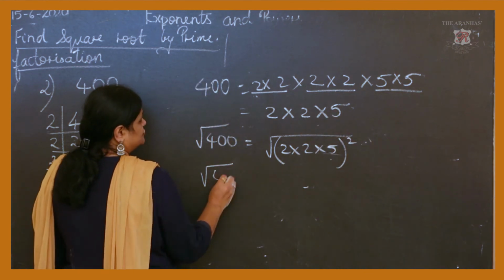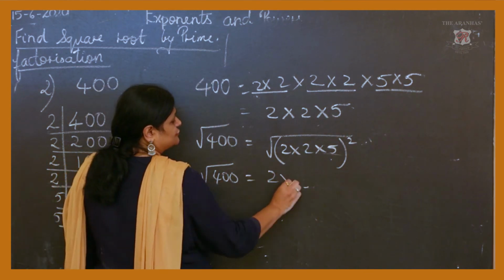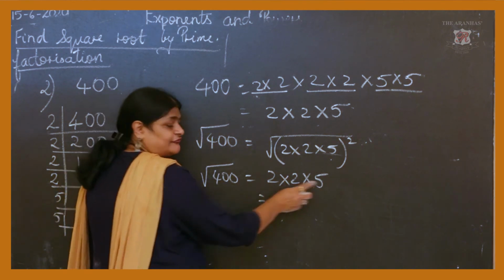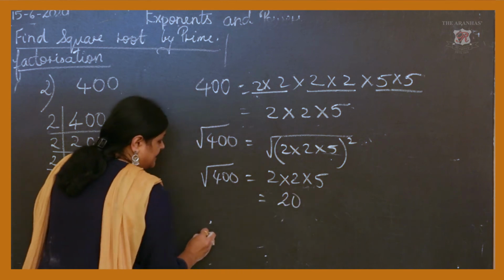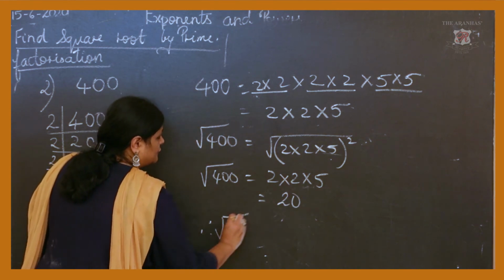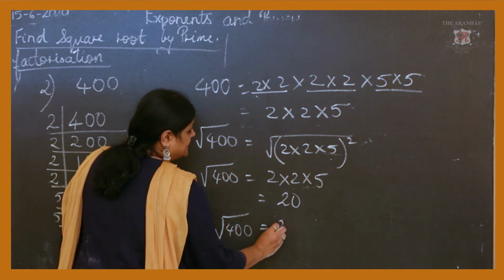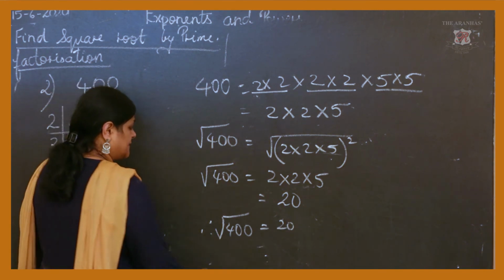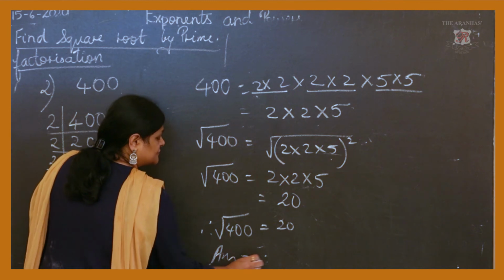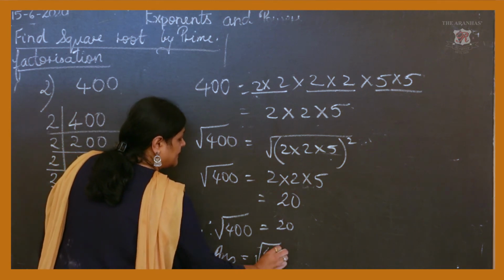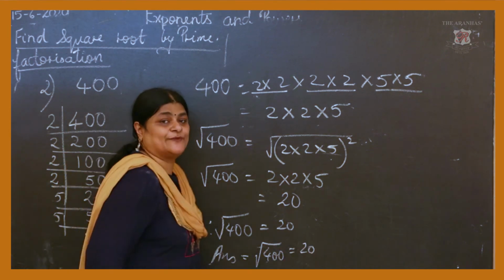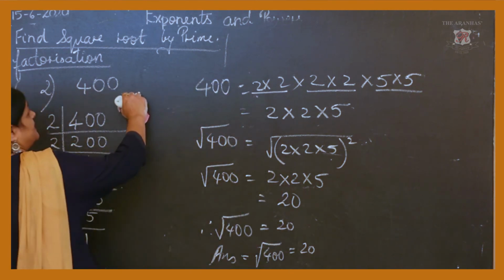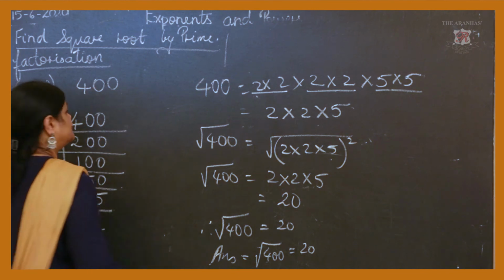So now root of 400 is equal to 2 into 2 into 5, which gives you 2 2s are 4, 4 5s are 20. So therefore root of 400 is equal to 20. So this is your answer for this particular sum, that is for 400.